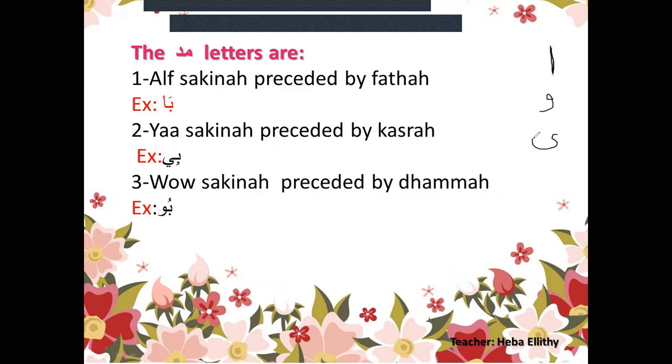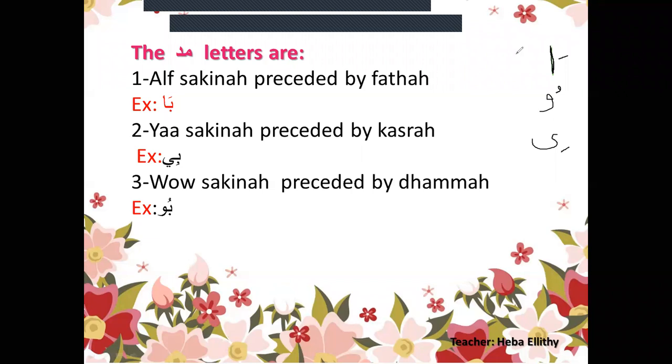I should have a letter before it with the same haraka as the mad letter. What do I mean by that? Alif should have fatha before it on any letter. Waw should have dhamma before it on any letter. Ya should have kasra before it on any letter.